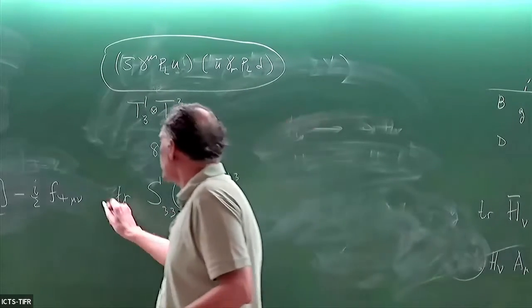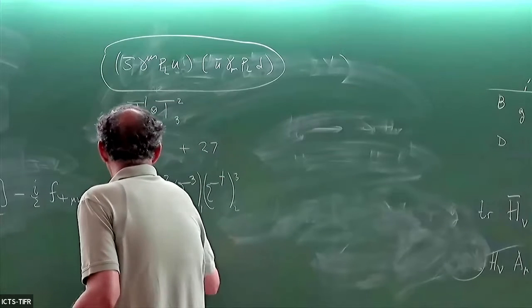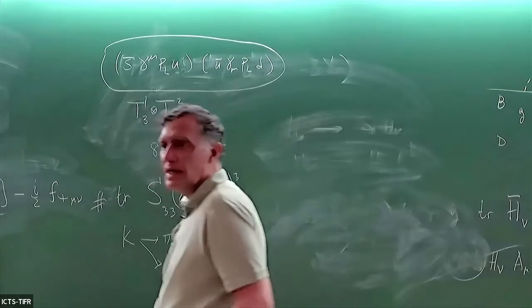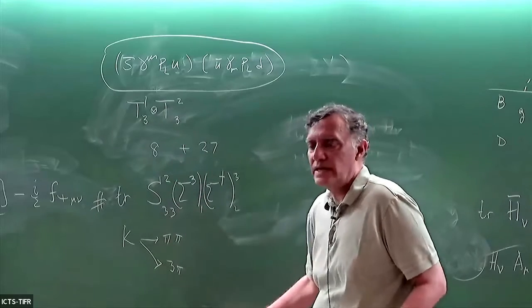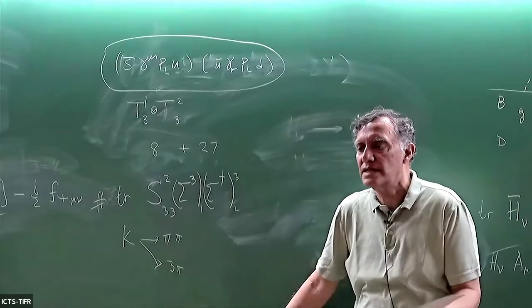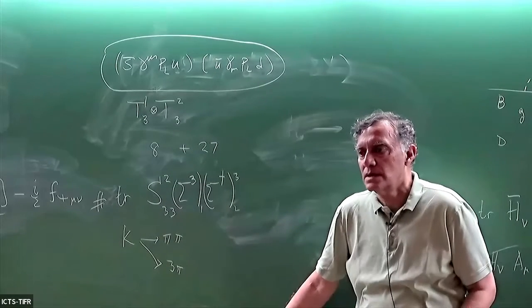There's an unknown coefficient, so you can't actually calculate the rate, but you can relate K to 2π to K to 3π, and so on, and this allows you to calculate those rates. If you look at Georgi's book on weak interactions, he discusses this, and there are some problems in the back of the chapter which tell you how to do it.